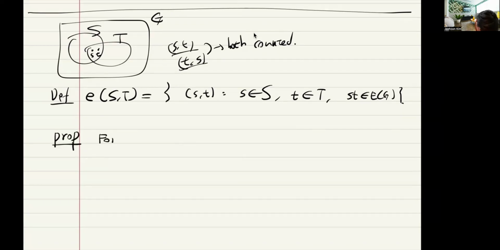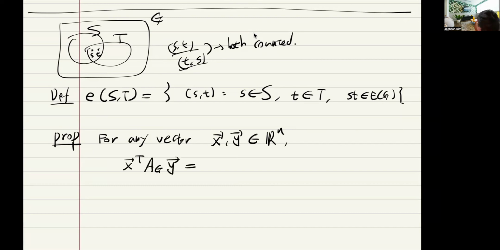For any real vectors x and y, we can compute this quadratic form. And this is what? The A_G entry is 1 if and only if i and j are adjacent, otherwise it's 0.